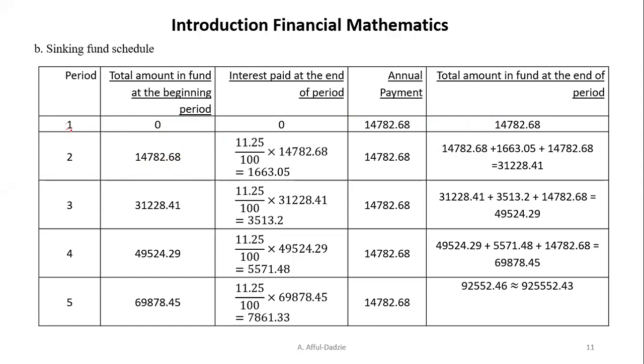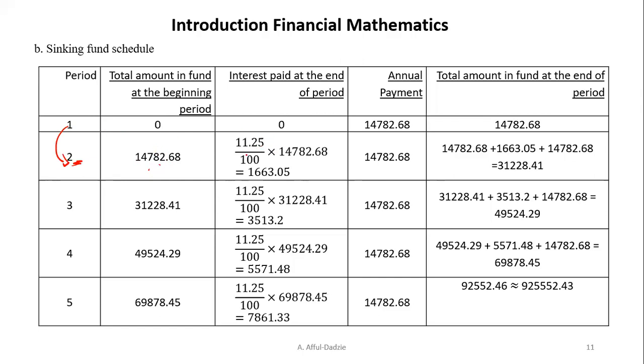But now a whole period has elapsed. So now at the end of period 2, one whole year has passed, so our money must accrue interest.